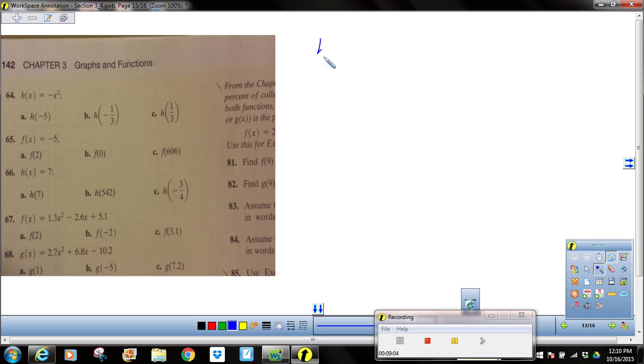On number 66 it says h of x is equal to 7. That means the function equals 7. And then it wants me to calculate the function if x is 7. Well, if x is 7, it doesn't really matter. The output is 7. If x is 542, I'm going to plug in 542 for x.